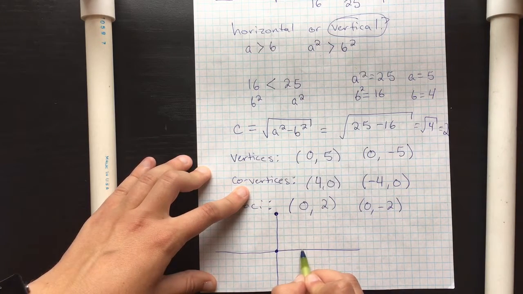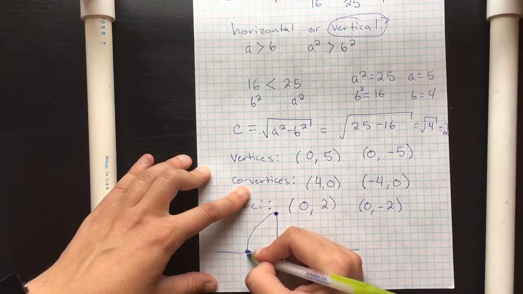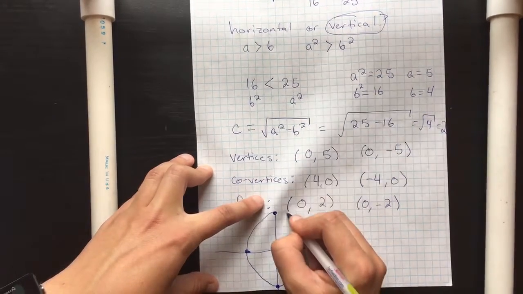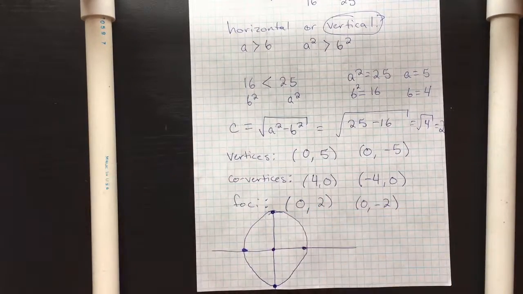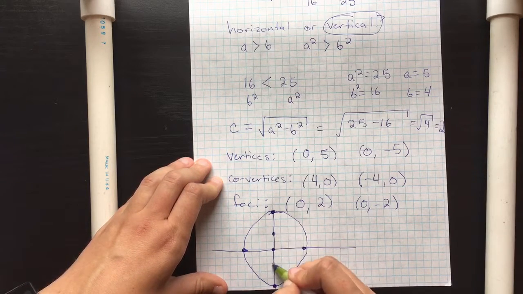Co-vertices 1, 2, 3, 4. And we just connect the dots. And then our foci are at 0, 3, 0, negative 3.